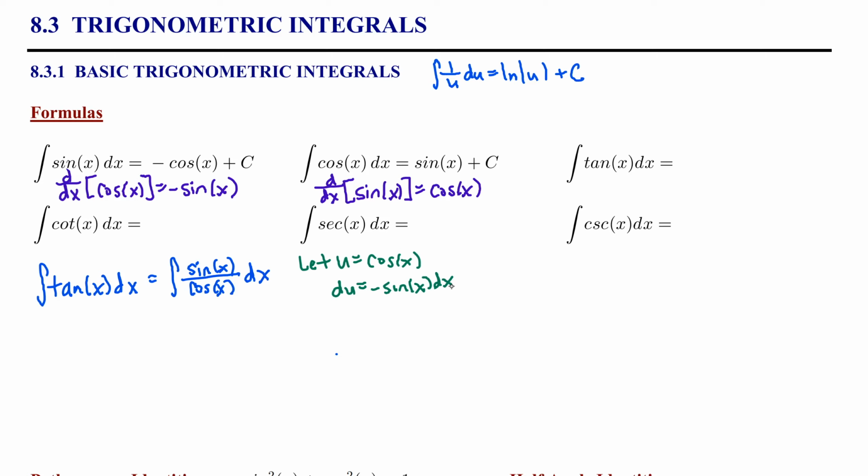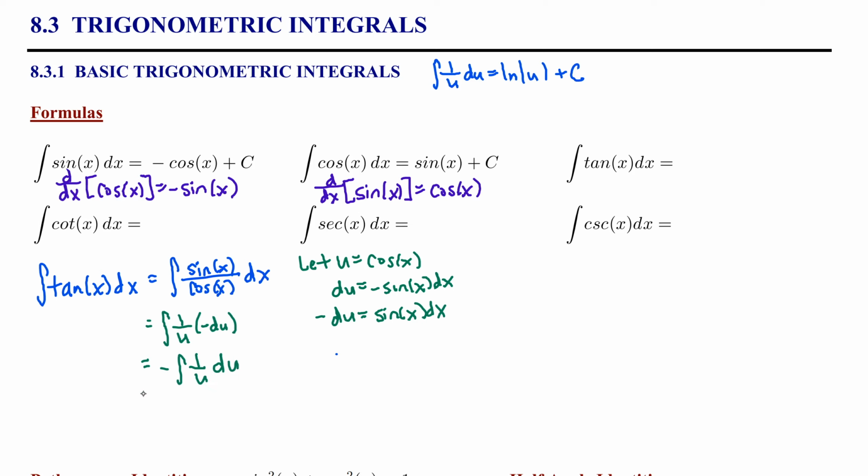That's what we have in the numerator of our integral. Of course, we need to solve for sine of x dx, which is negative du. So in terms of u, this integral becomes 1 over u times negative du, or we could see that as negative integral of 1 over u du.